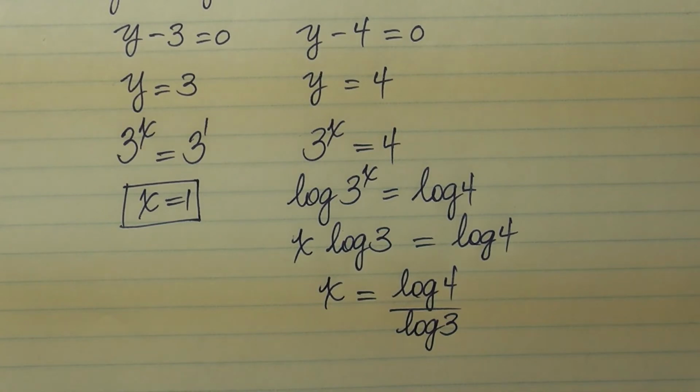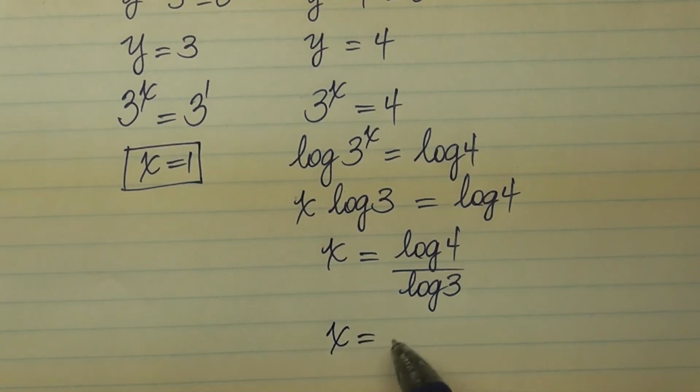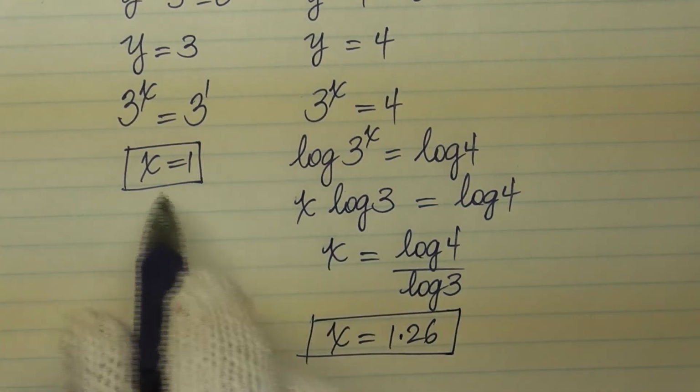They said where necessary, round to 2 decimal places. So log 4 divided by log 3, x is equal to 1.26. Two answers.